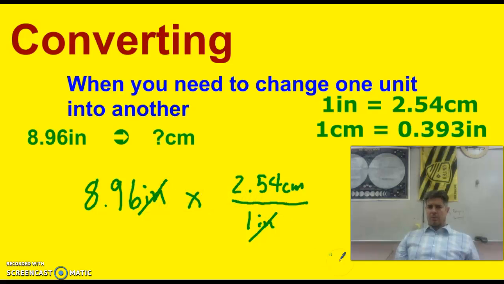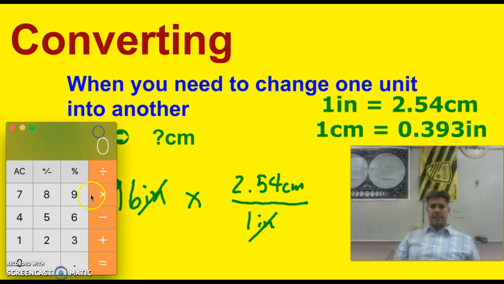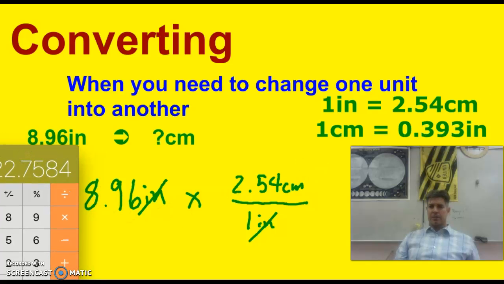And so now all I have to do is multiply these two numbers by each other. So I pull out my handy-dandy calculator, plug in my numbers, 8.96 multiplied by 2.54. Gives me an answer of 22.8, if I round to 3 significant digits.